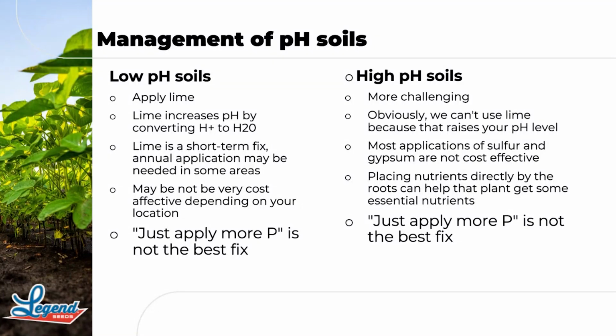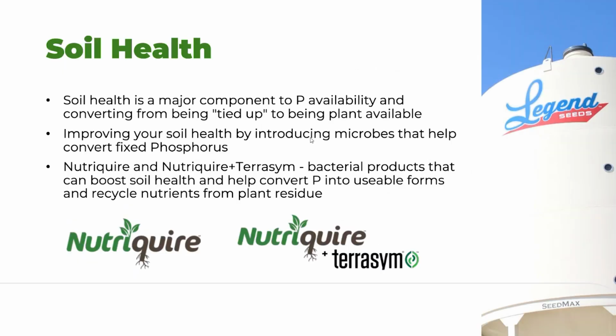So those are two ways to try and help adjust the pH. Are they cost effective? Depends on where you're at. Long term, it's tough to say. Not really long term. So that's sort of the pH. And if we go to the next slide, this is something that's going to be a little more user friendly, cost effective: soil health. Having that soil break down and give you that P, that phosphorus out there, helps a lot.